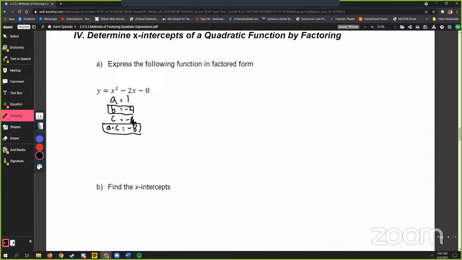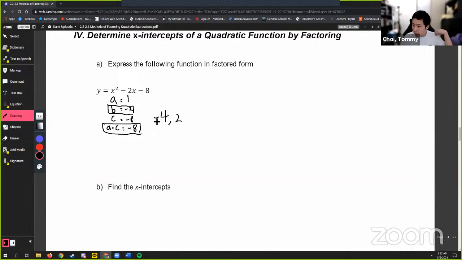That would be -4 and +2. In the product sum method, if A is 1, we can jump right into the bracket and just write (x - 4)(x + 2). Not an issue there. So that's done. That's the product sum method.